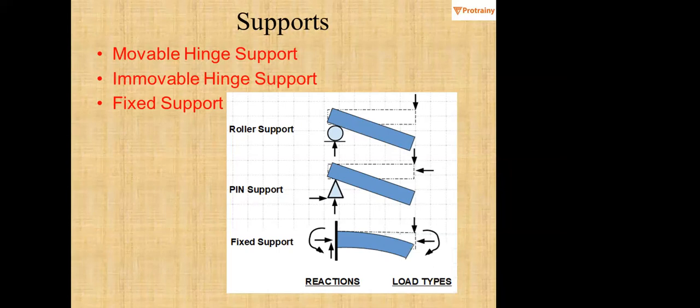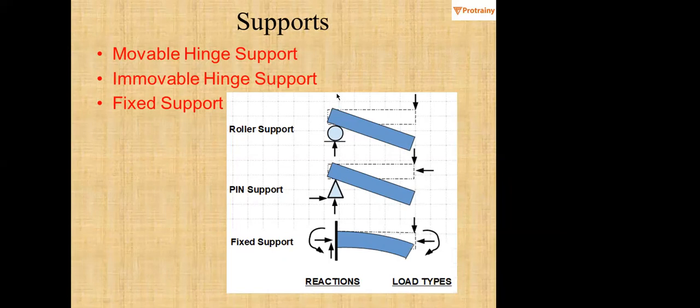Basically we have three types of supports: roller, pin, and fixed, right? Roller is also known as a movable hinge, pin is an immovable hinge, and fixed is fixed. So what is happening in a roller support? As you can see, this is a beam section resting on this roller. Of course, it cannot move up and down.